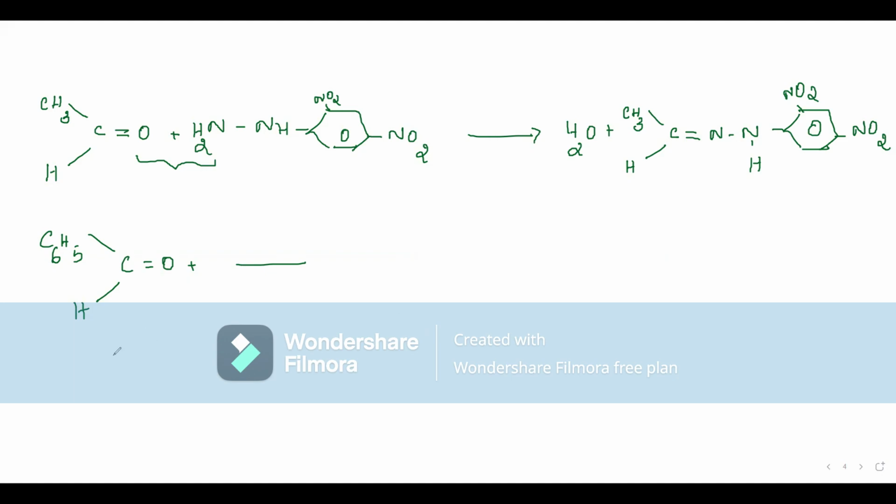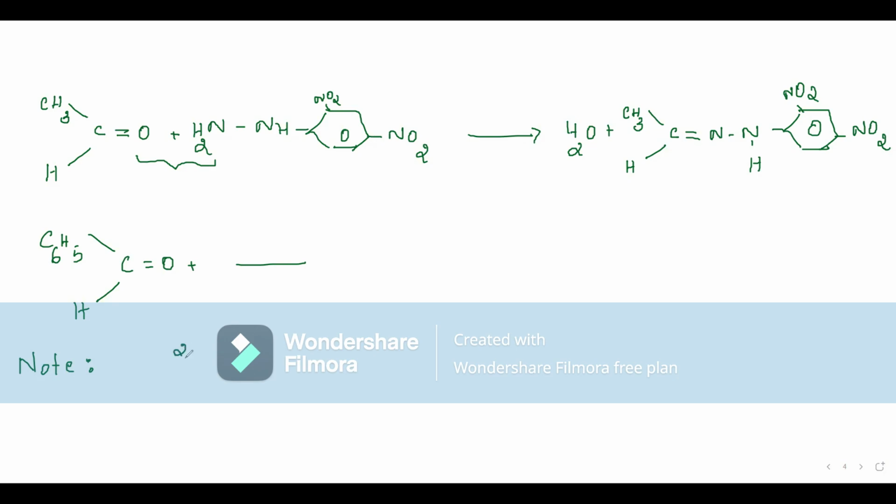Okay. Now, one extra note that I want to give here is with regard to the usage of DNP, dinitrophenylhydrazine, because the 2,4-DNP derivatives are generally orange or yellow color solids. So this can be used as a test to identify the presence of aldehydes and ketones.